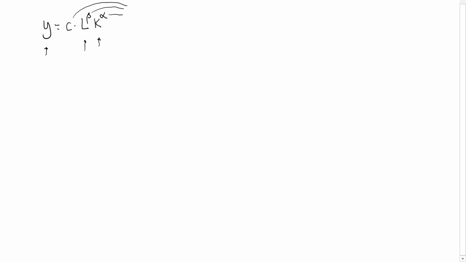Well, everything we know about the linear regression model will not help us. If I estimate a linear regression model on this data, I would do something like y_i is beta 1 plus beta 2 L_i plus beta 3 K_i plus some error term. It's clear that these parameters from the linear regression model are not the same as the parameters in the Cobb-Douglas function.